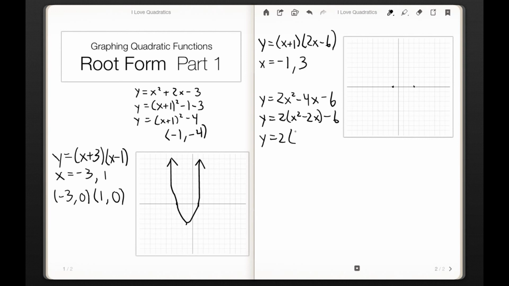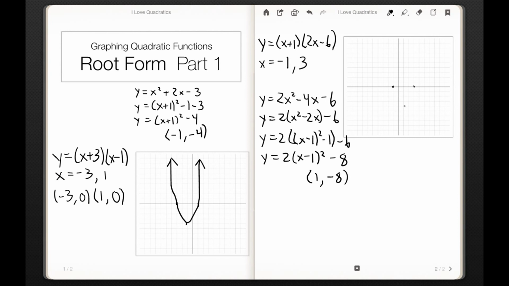Then change this into x minus 1 squared minus 1. Remember to close the outside parenthesis, minus 6. And this will be 2 times x minus 1 squared minus 2 minus 6, so minus 8. And the vertex will be positive 1, negative 8.